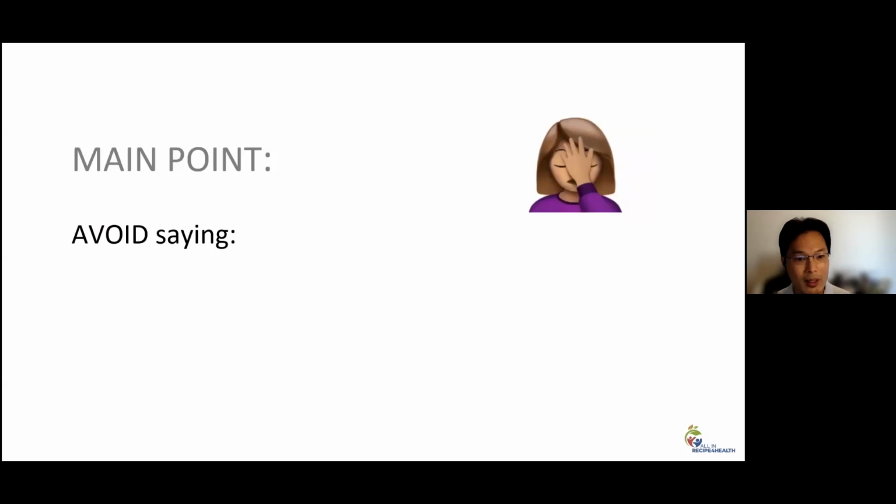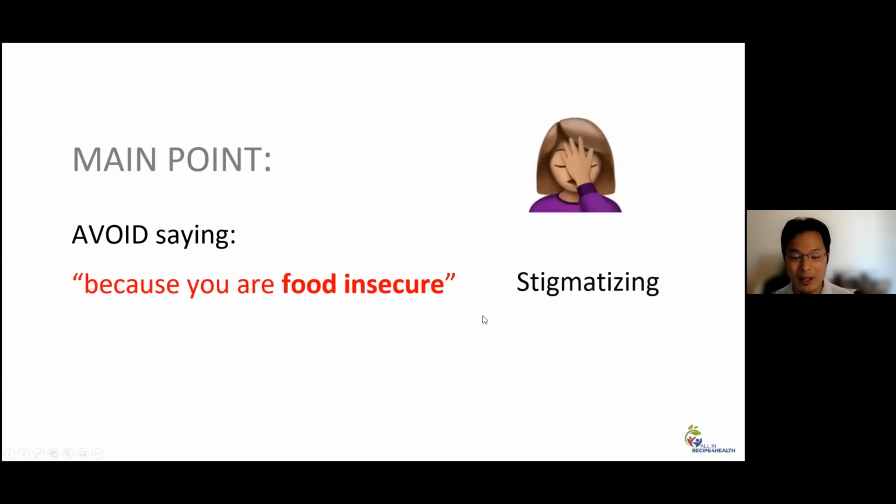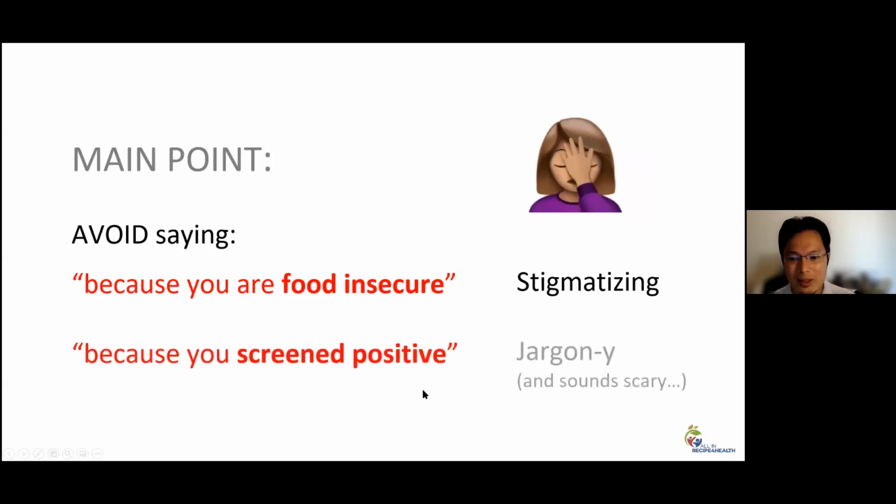So main point, again, just to hit it over the head, you don't want to say because you are food insecure, and that's because it's stigmatizing. Food insecure, yeah, it's kind of hard to hear. You don't want to say you screen positive because it's jargony or it sounds scary, right?